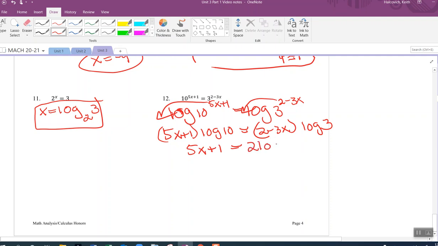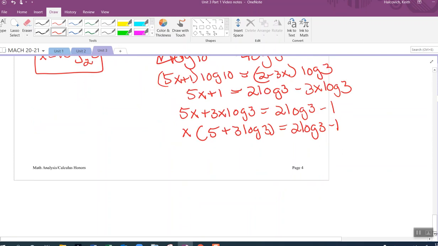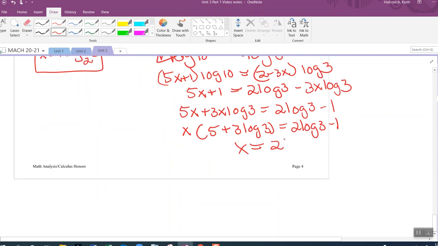Distribute the log 3, so you get 2 log 3 minus 3x log 3. And then I want to move everything with a log to one side, everything with an x. So I'll add the 3x log 3 and subtract the 1. And then I factor out the x. And then you can divide. So you get x equals 2 times log 3 minus 1 over 5 plus 3 log 3.